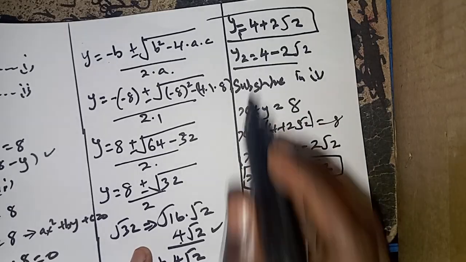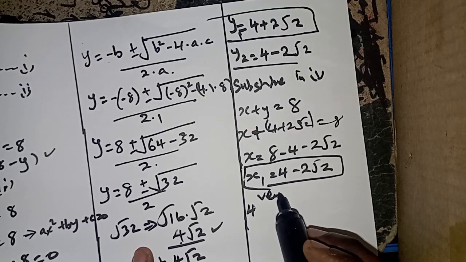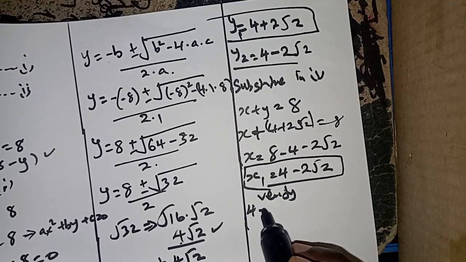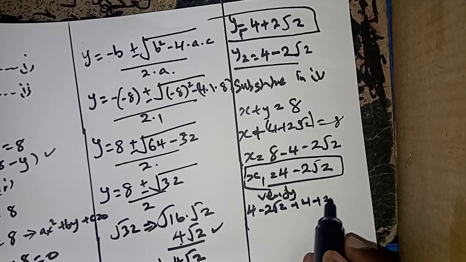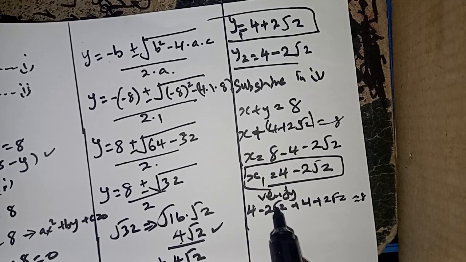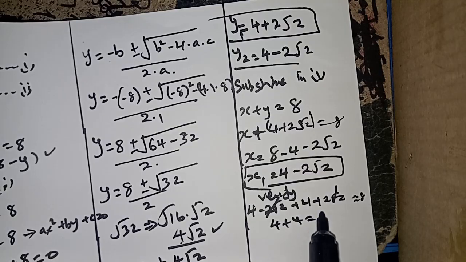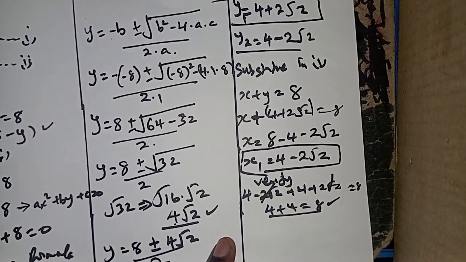Just verifying: 4 minus 2 root 2 plus 4 plus 2 root 2. You want to see if we're going to get 8. Negative and positive go, and then you remain with 4 plus 4. You end up getting the output as 8. So that satisfies that equation.